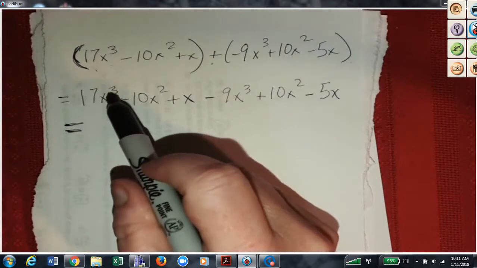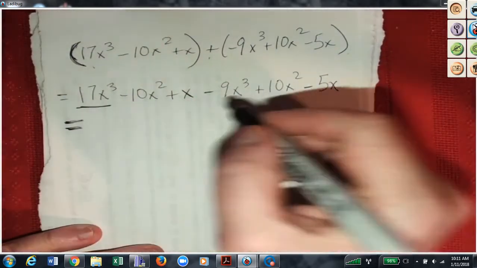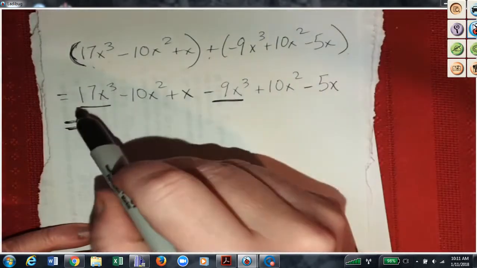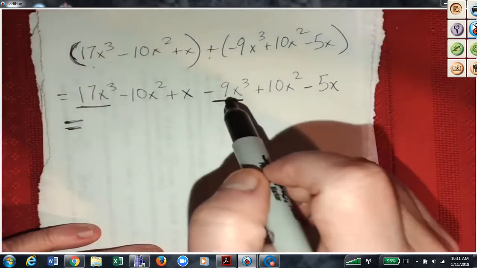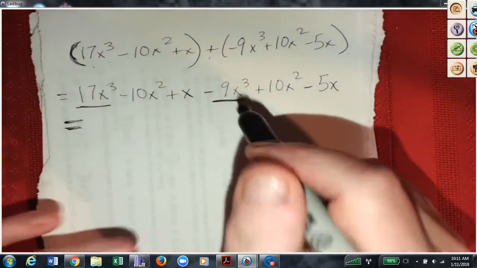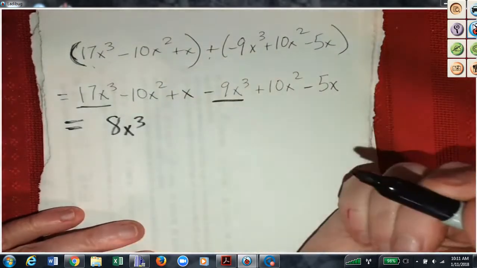Here I have x cubed, and I also have x cubed in here. So if I'm going to combine those two, 17x cubed minus 9x cubed, well, 17 minus 9 is 8. And the x cubed just comes along for the ride.